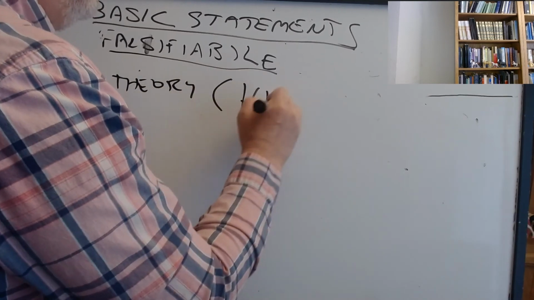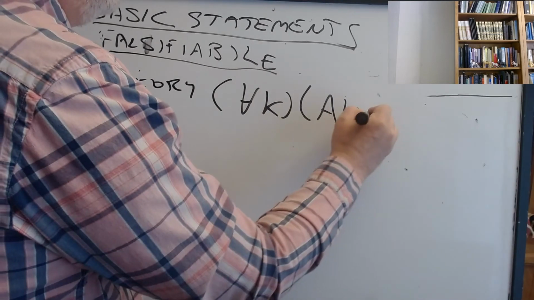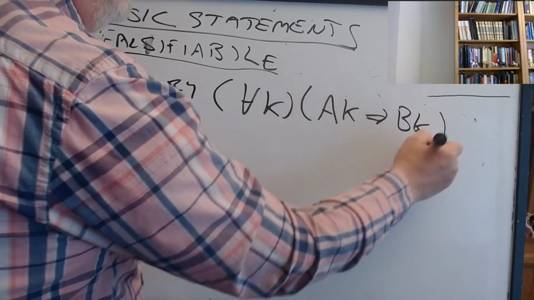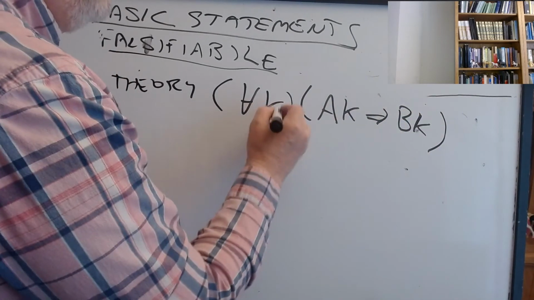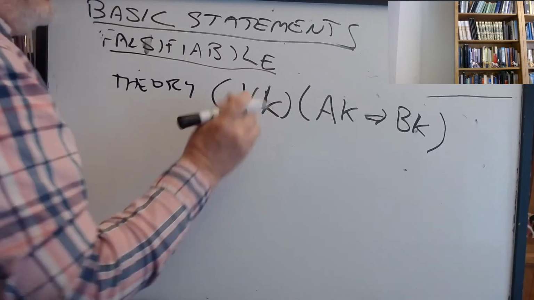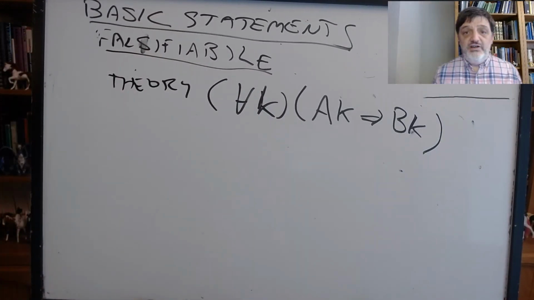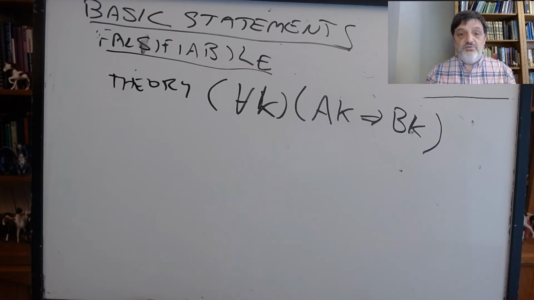So the theory, remember, is going to look something like this. Only, I think when I wrote this before, I wrote this with X instead of K. This is a K. That's the letter that Popper, when he discusses this, uses to stand for specific spatiotemporal coordinates, or a specific spatiotemporal place.